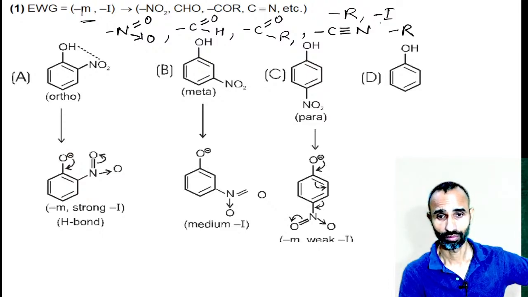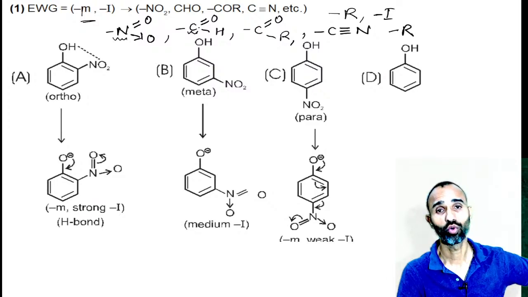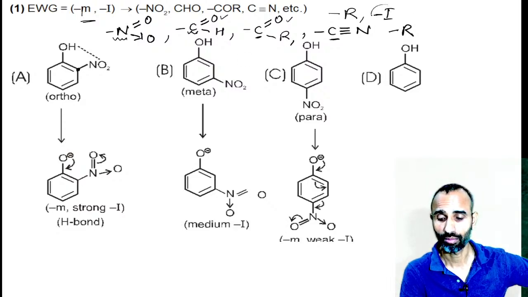Same because nitrogen, sp2 hybridized carbon attached to more electronegative oxygen, and sp hybridized carbon are more electronegative than sp2 hybridized carbon, and that's why they have minus I effect.